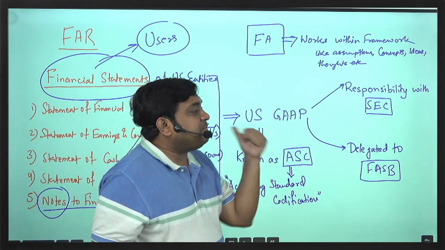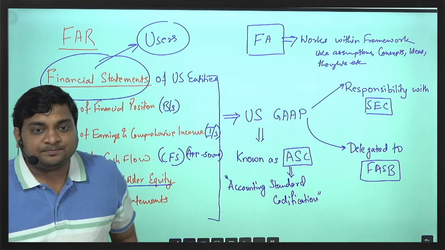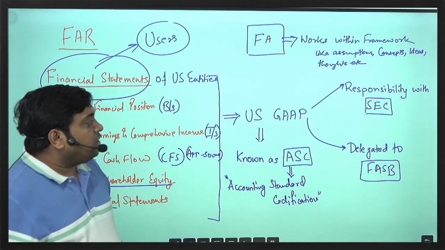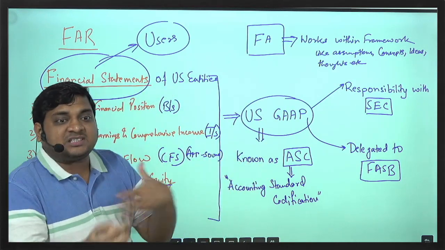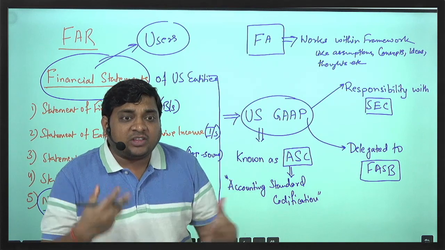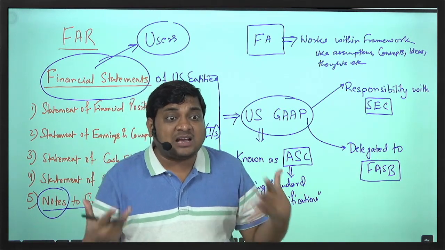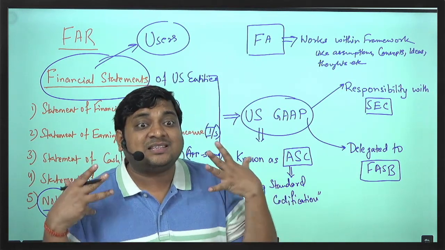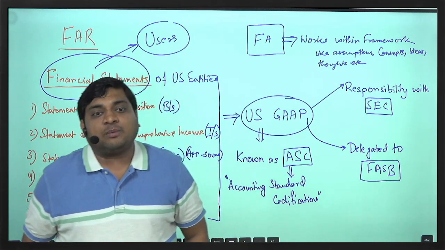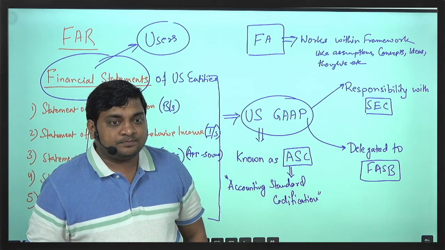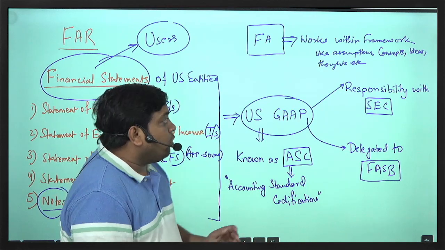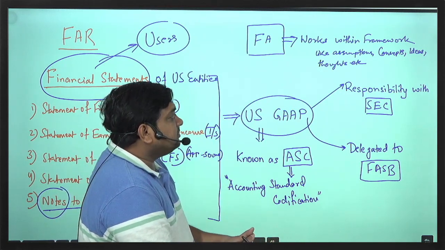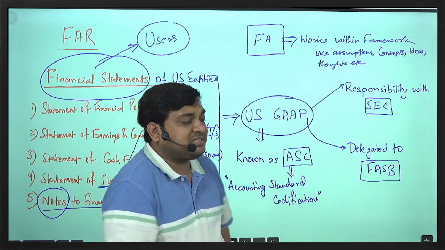US generally accepted accounting principles, US GAAP. Now who has the responsibility to frame this US GAAP? The authority to establish US GAAP, US accounting principles, is with SEC, Securities and Exchange Commission. It is SEC who has a responsibility to establish US GAAP.